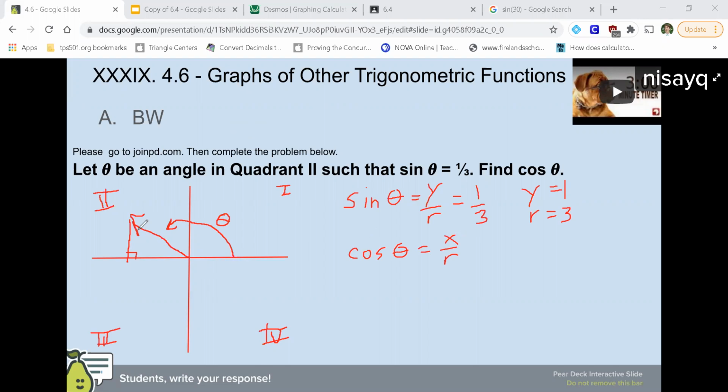So if you label this using our values over here, y is 1 and r is 3, we can find the x value with the Pythagorean theorem. A squared plus b squared equals c squared, or 1 squared plus x squared is 3 squared. One times 1 is 1. 3 times 3 is 9.